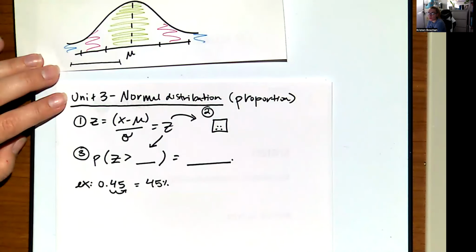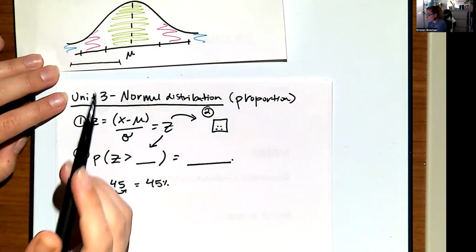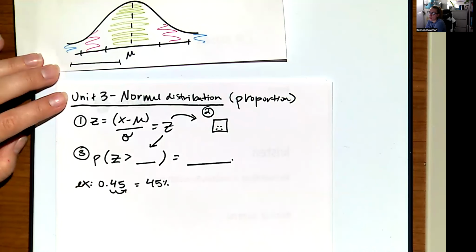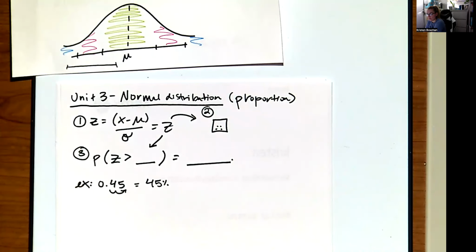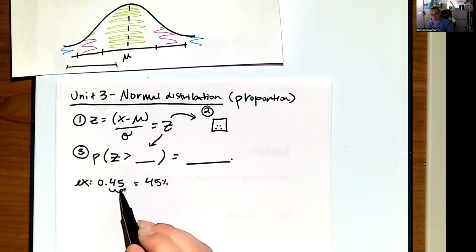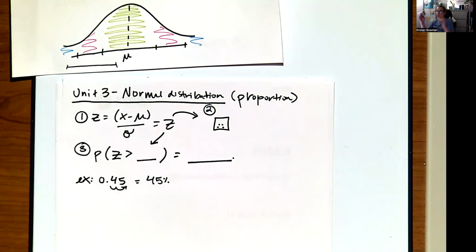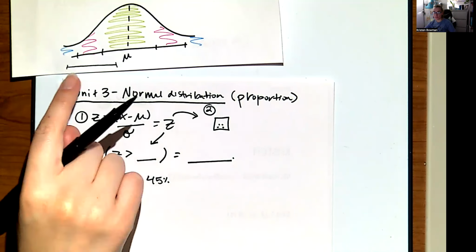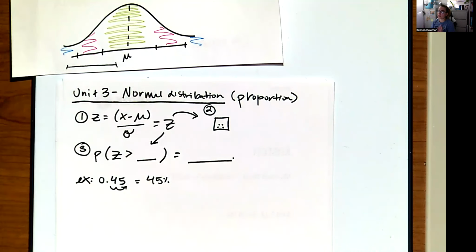So if I'm looking for the proportion of students that made a 50 or less or whatever grade, 45% of them made lower than whatever score I'm looking for. Now, that wasn't the best example in the world, but hopefully that makes sense logically, the flow of logic. During this week, I told you that I didn't want this to be your answer, but I wanted you to understand that we're talking about percentage. So if we're looking at the curve as a whole, we have 45% of the curve.